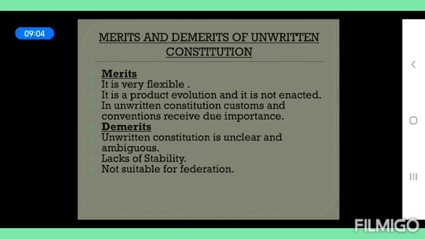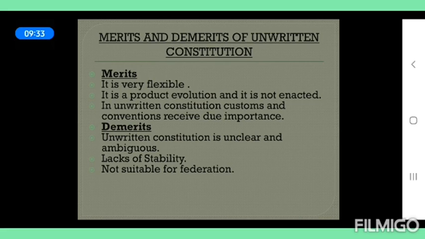It is also not written in the form of a book or a document. It's a product of a slow and gradual process, or gradual evolution. That is why the government is organized and functions in accordance with several settled laws and unwritten conventions. I've also given the examples. Britain is the classic example of an unwritten constitution.